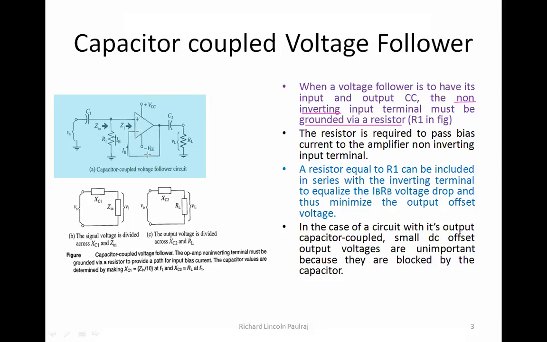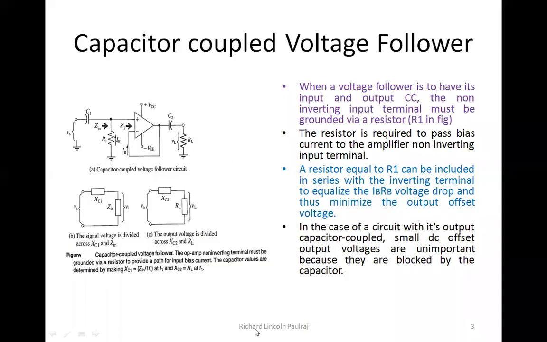So here the loss is going to help me in getting a gain in the other terminal. The resistor connected to the non-inverting terminal is going to cause a loss, so to combat that, we can connect another resistor here, and that is going to help us in combating the losses.